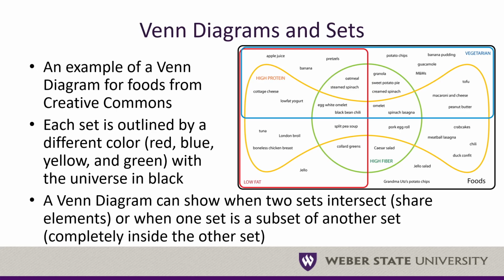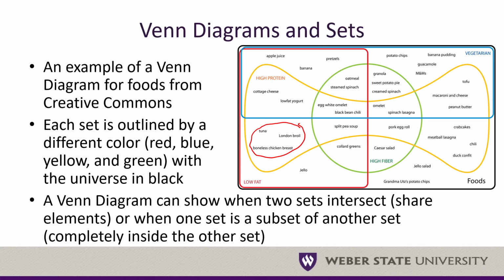As an example, if I wanted all the things that were non-vegetarian, high fiber, non-vegetarian, high protein, then I've got this thing, which is a subset of both the low fat and the high protein things within our sets here.